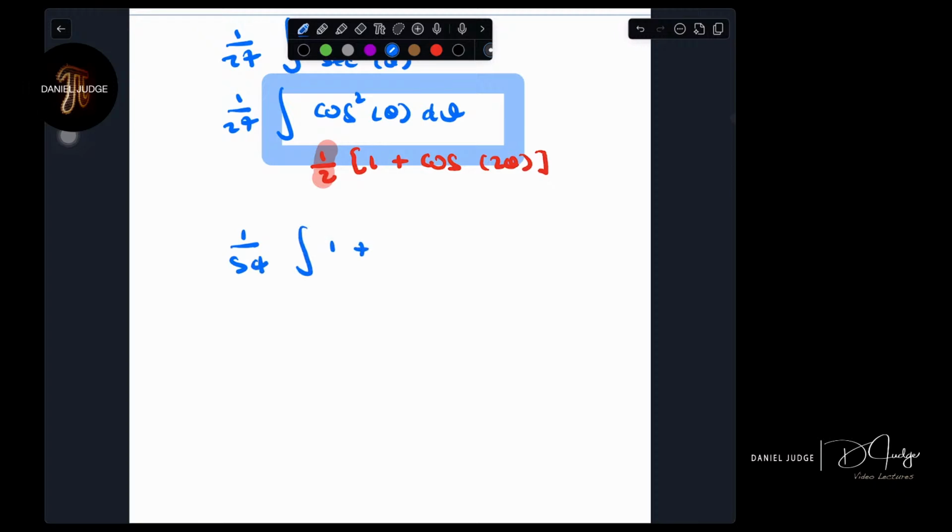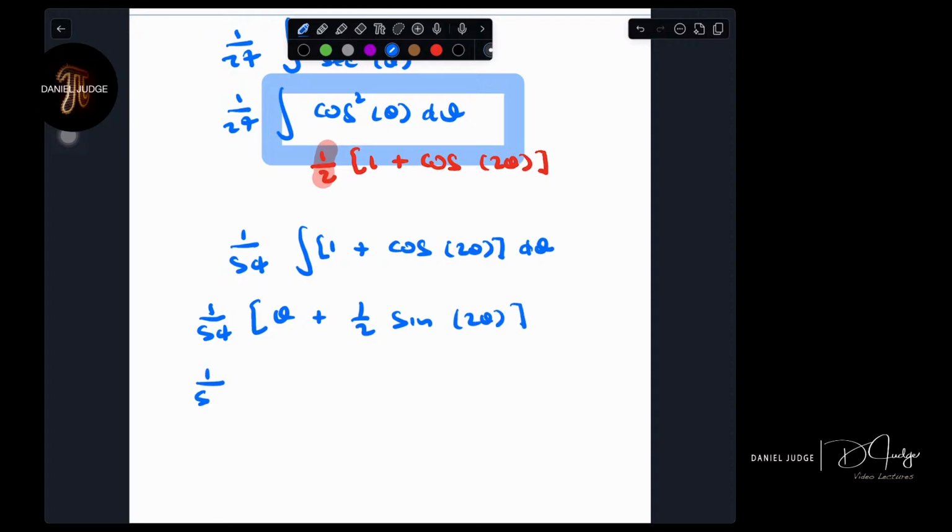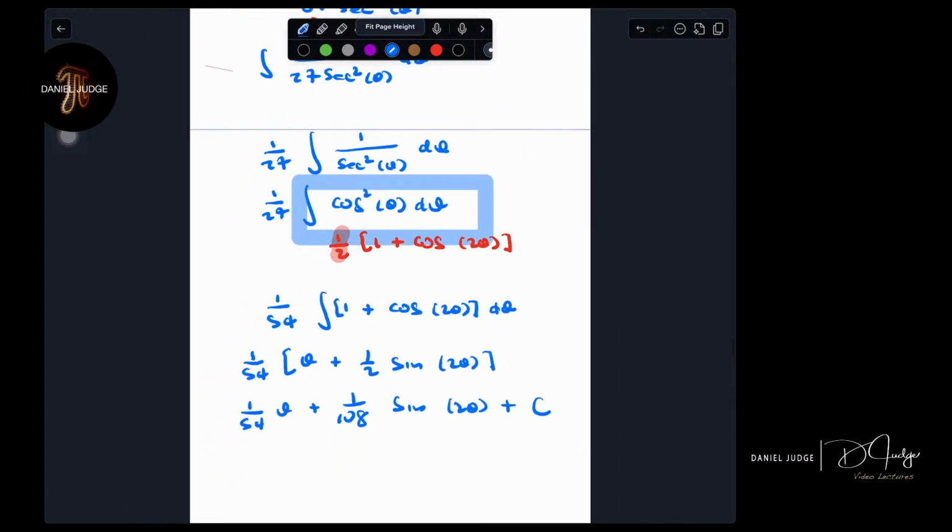Integrate 1 plus cosine double theta d theta. So 1 over 54 now, theta plus 1/2 sine double theta, which is 1 over 54 theta, plus 1 over 108 sine double theta plus C. So we did integrate.